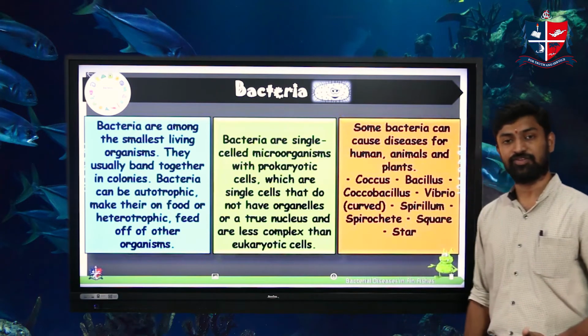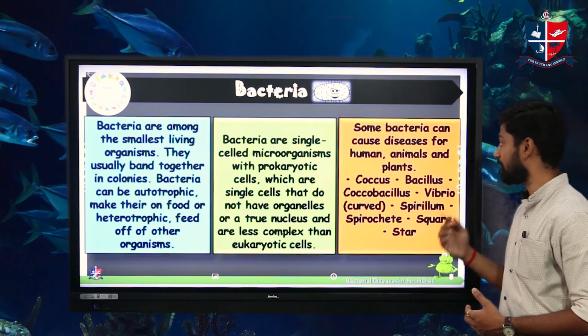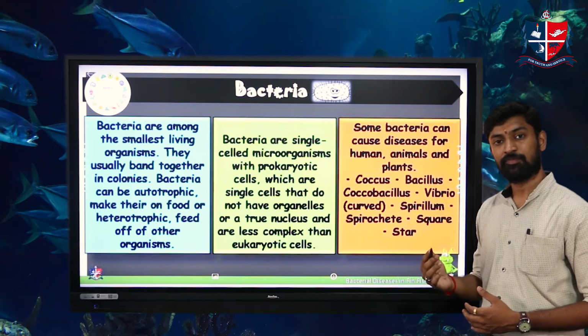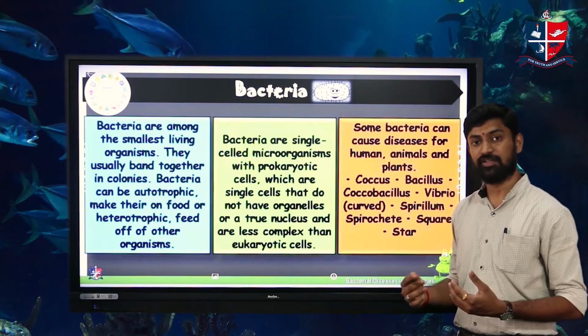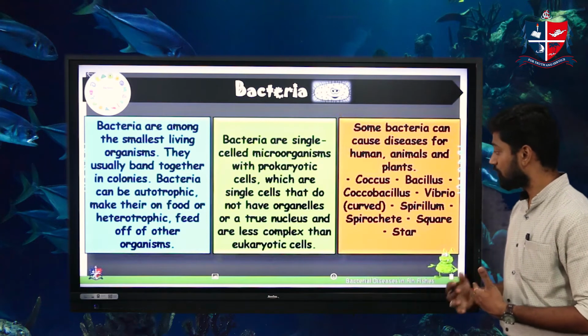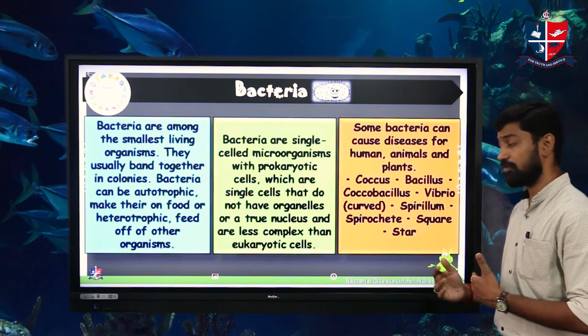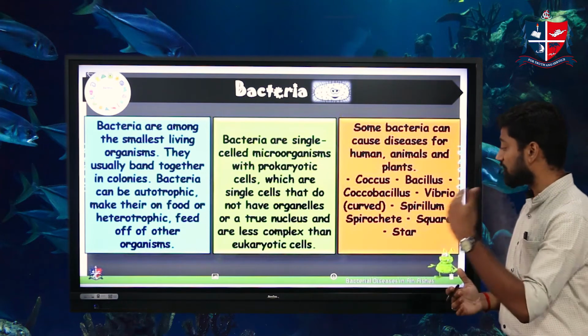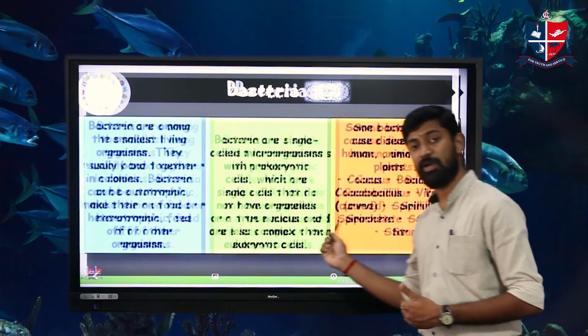Then some bacteria cause disease in humans, animals and plants. The animals include fishes. Some bacteria cause disease in fishes, and there are so many shapes of bacteria: coccus bacteria, bacillus bacteria, then vibrio, that is curved bacteria, square shaped bacteria, spirillum bacteria, then star shaped bacteria.